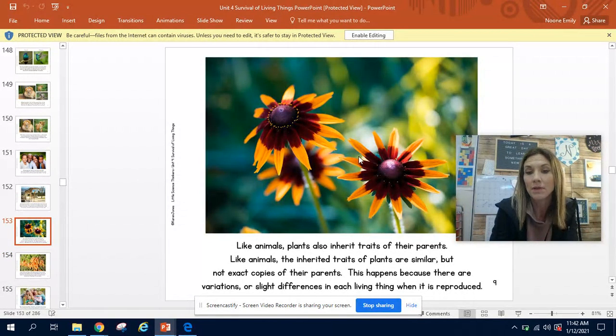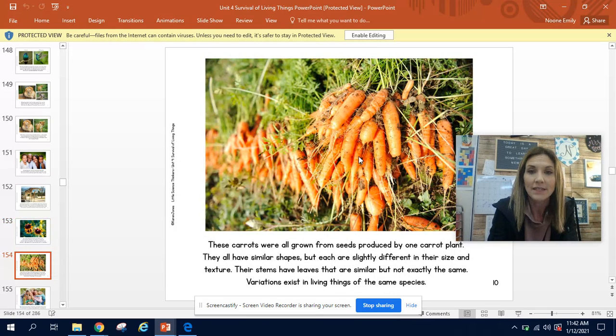Like animals, plants also inherit traits. Like animals, the inherited traits of plants are only similar, not exactly the same. This happens because there are slight differences in each living thing when it is reproduced. So, when an adult has a baby, there are slight differences in the baby. These carrots were all grown from the same seed.